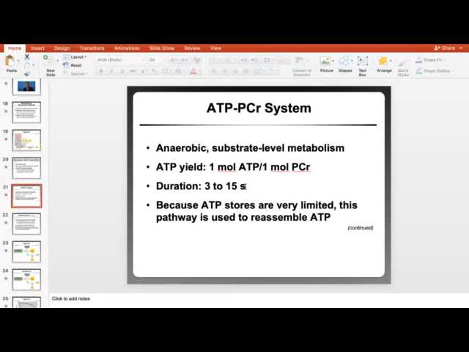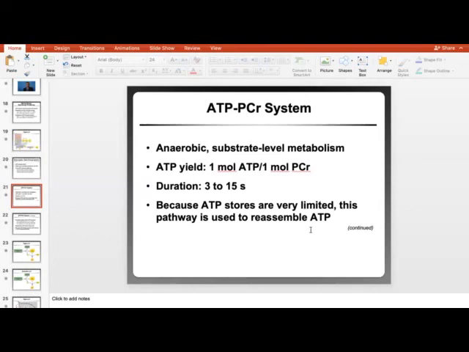So in order for those organisms to get out of the sea and get bigger and procreate, they had to be able to do things that lasted longer than 3 to 15 seconds. Multicellular organisms had to do something aside from this to reassemble ATP.